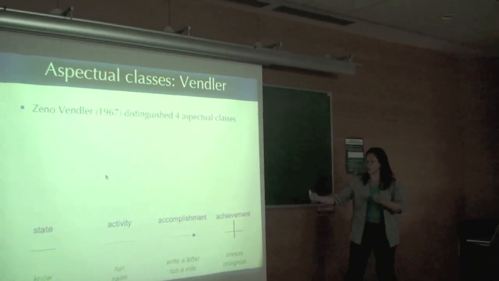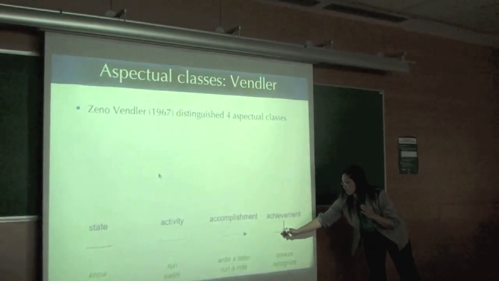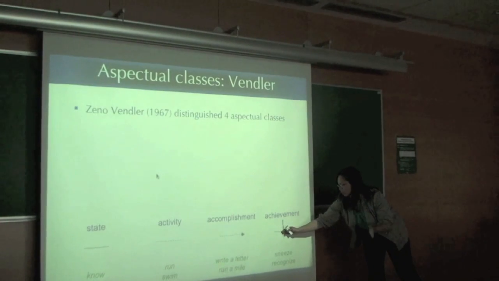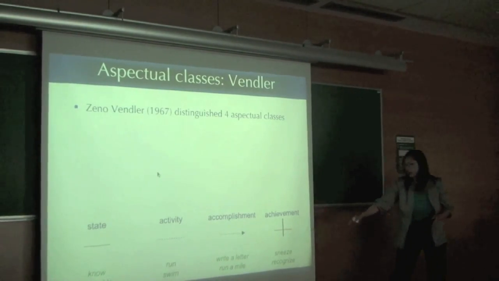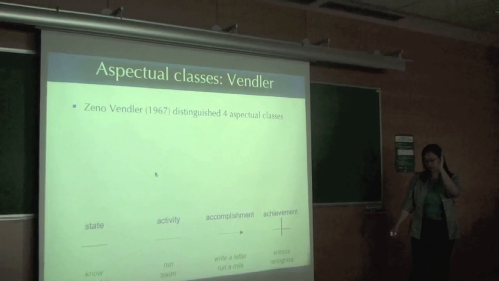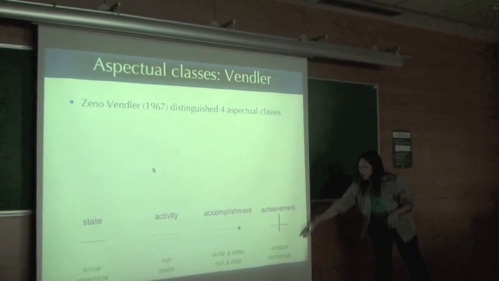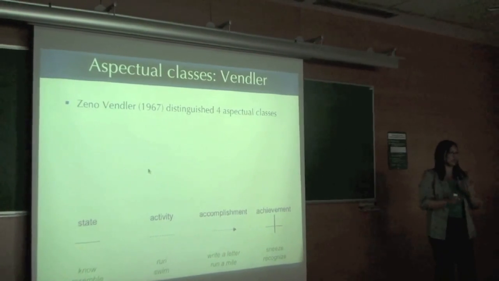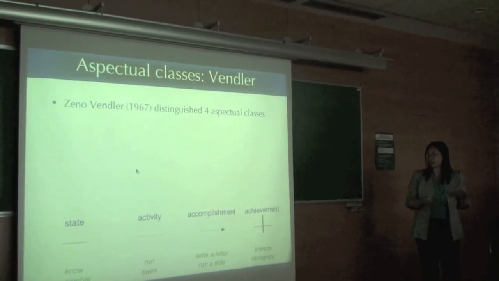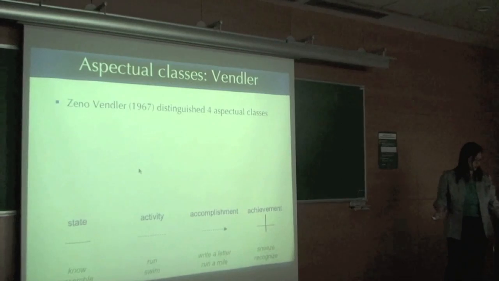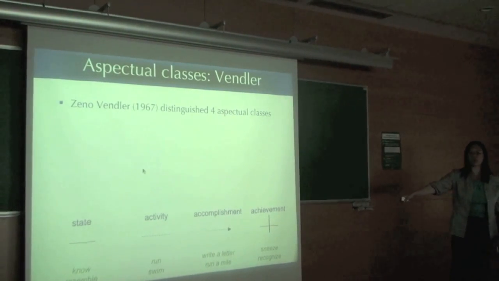And achievement is like, there's some state that was true and then it's not true, or it wasn't true and something happens, and it's an instant in time in a way. I find these categories a little bit funny, but you can think of it as one single thing. Sneeze, actually, you haven't really achieved much at that point except for the lack of desire to sneeze anymore, but recognize is a point-like event.